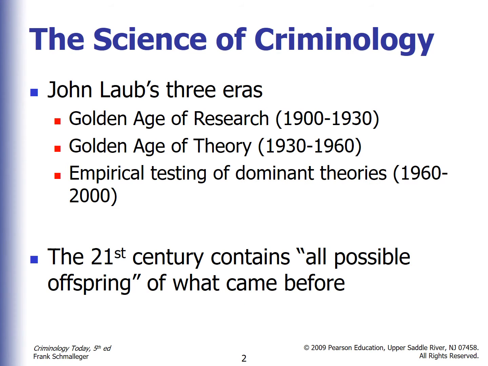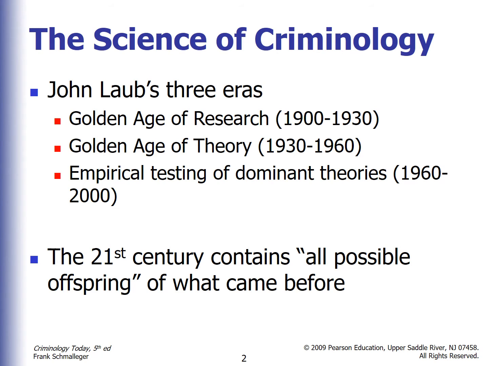All right, so the science of criminology. John Laub said there were three specific eras of research. This is like the historical perspective. There was a golden age of research from 1900 to 1930, where people were looking at a lot of things and maybe not coming up with a lot of ideas about causes, but they were doing a lot of research. Golden age of theory would be a time when a lot of different theories came out, suggesting that crime was caused for a variety of different reasons.